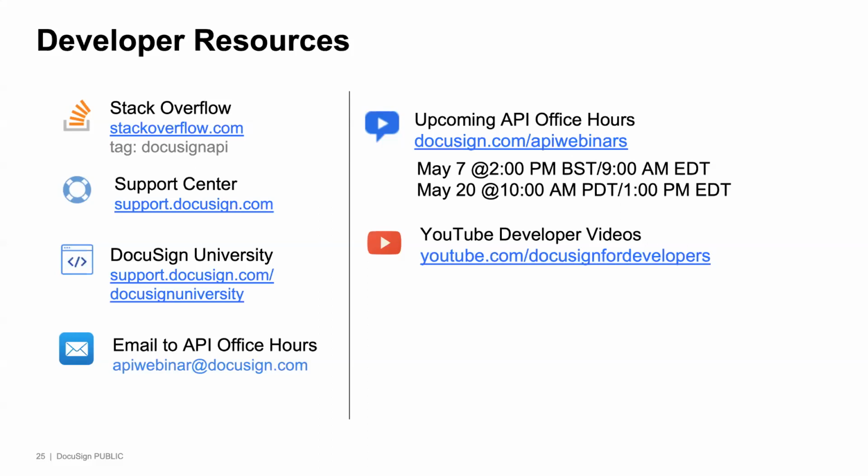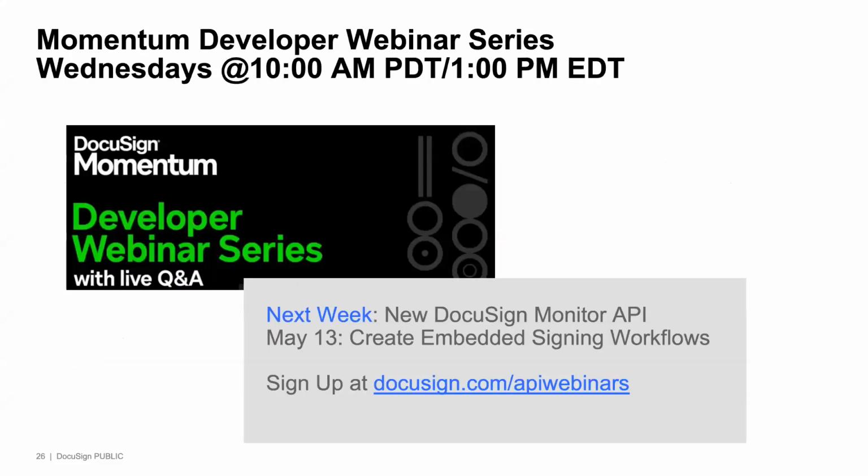I want to point out the upcoming API office hours, May 7th and May 20th. Also, we have YouTube developer videos, which we continue to make more and more of, so you want to go there and subscribe. And lastly, we have two more of these Momentum Developer webinar series.